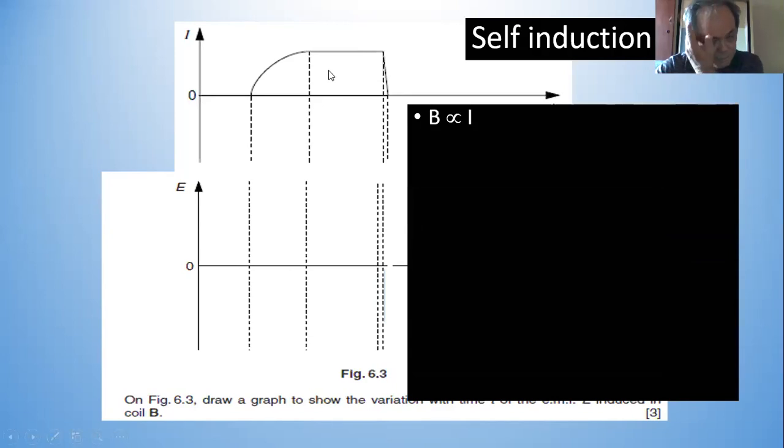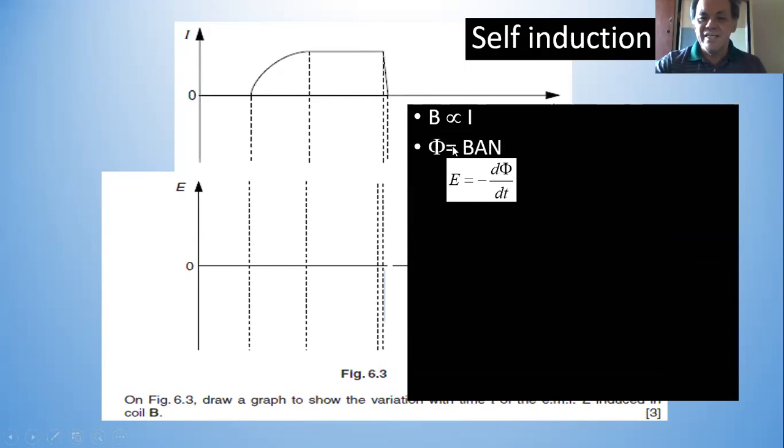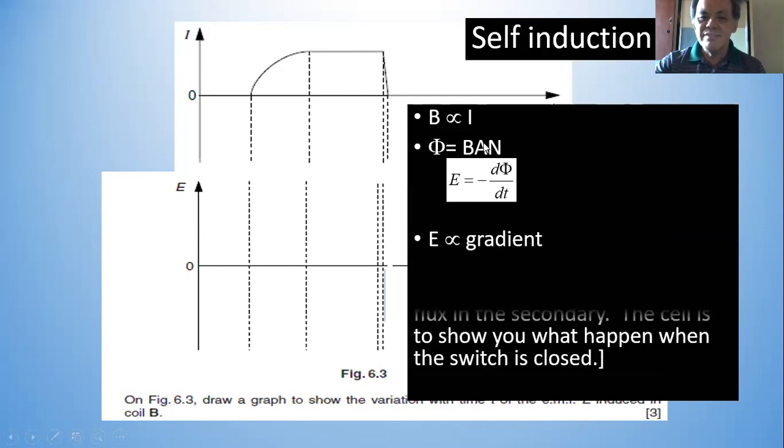B is proportional to I. The current changing is the one that produces a magnetic field. Then we go to EMF. EMF is just the rate of change of magnetic flux linkage, and magnetic flux linkage is BAN.